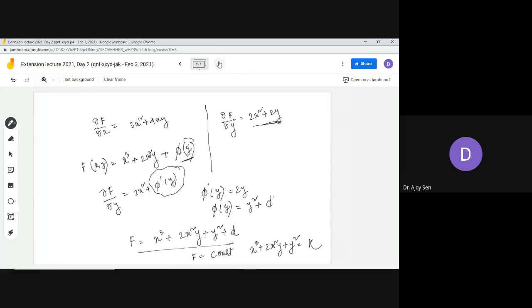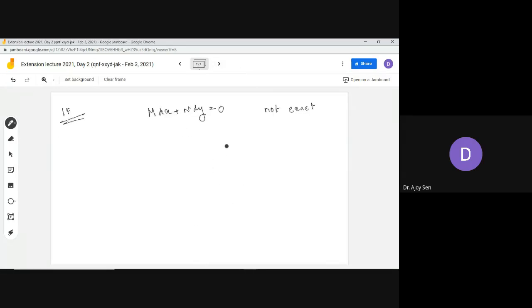So we have this kind of equation in our hand, and some function mu, which can be a function of x and y, you can multiply with this equation, and the equation we demand will be exact. This is an exact equation we demand. So there's no harm in it.